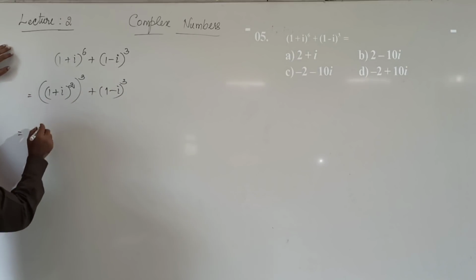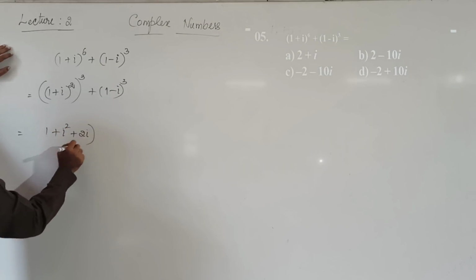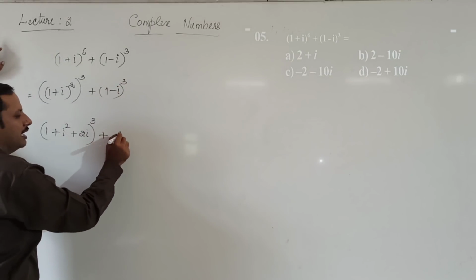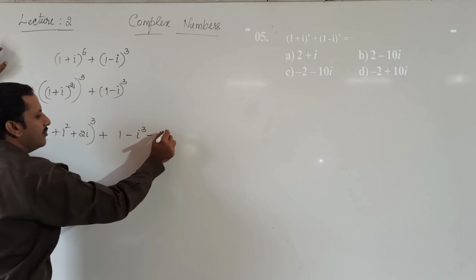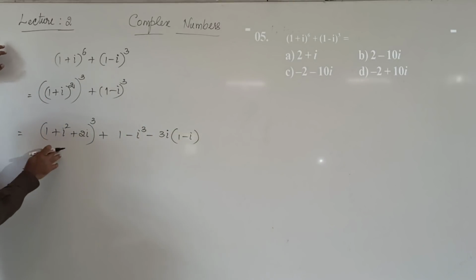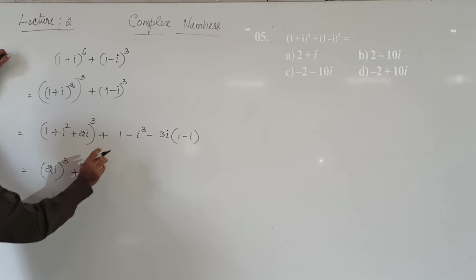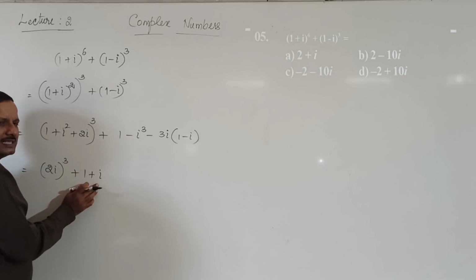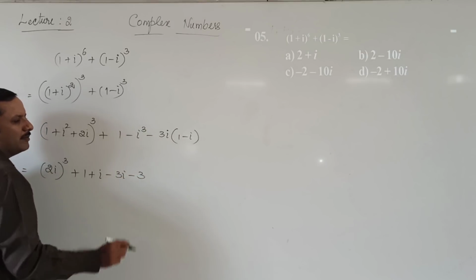(1 plus i) whole square, if I expand it, a square plus b square plus 2ab, whole cube, plus (a minus b) whole cube: a cube minus b cube i cube minus 3ab, that is 3i into a minus. Here i square is minus 1. 1 minus 1 gets cancelled. So you have 2i, plus 1. I cube is nothing but minus i. So you have plus minus of minus i, plus minus 3i, plus 3i square, that will be minus 1.